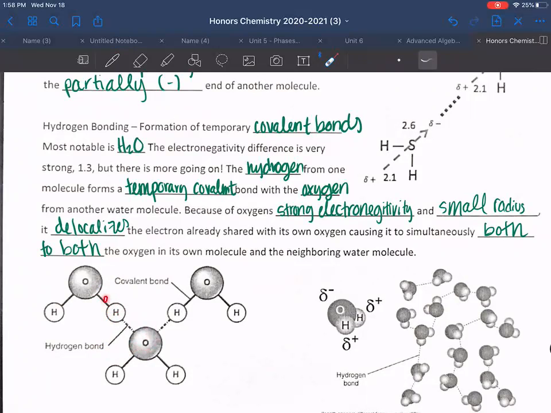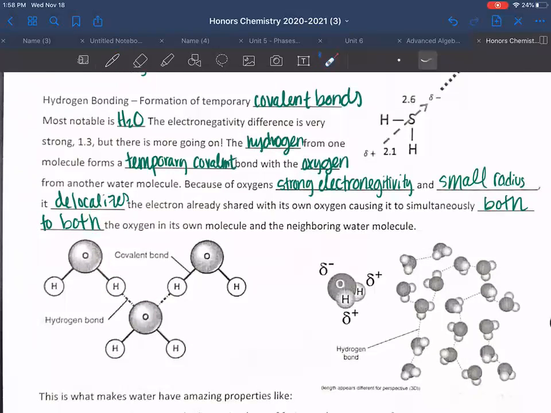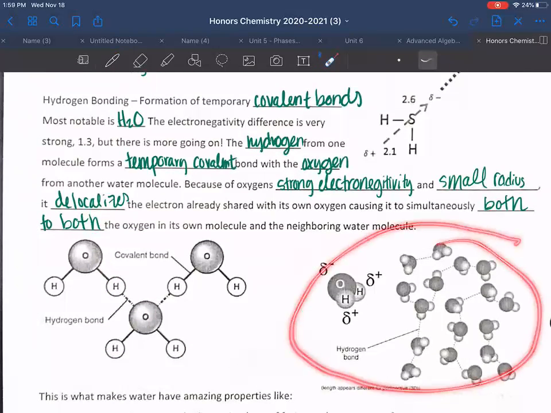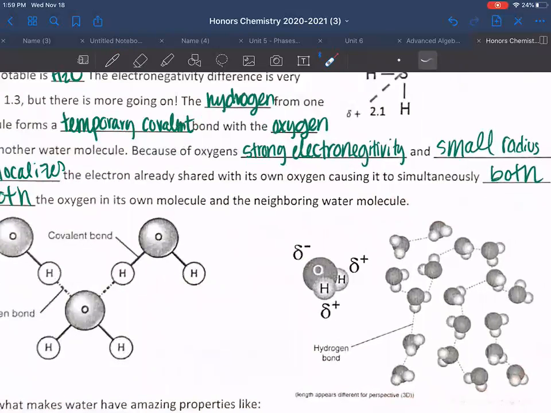So it delocalizes the electron here to simultaneously form a bond with both. And so this is just the scale between 3 molecules, but what it more realistically looks like when you have a bunch of water molecules is just a random assortment here, where the oxygen or the bigger atom is attracted to the hydrogen of another. Any questions on hydrogen bonding?